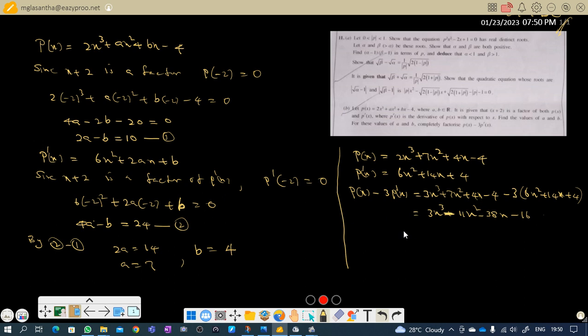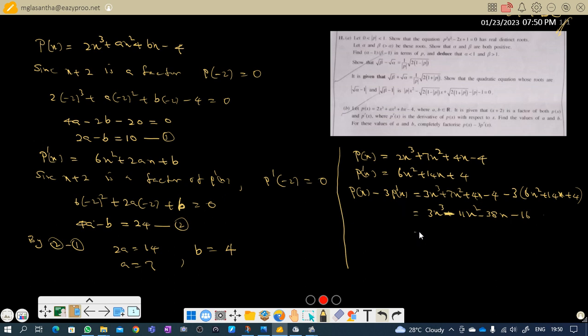Now you have to factorize this expression completely, right? That is the last part of this sum. But you know that P(x) and P'(x) both have x plus 2 as a factor.